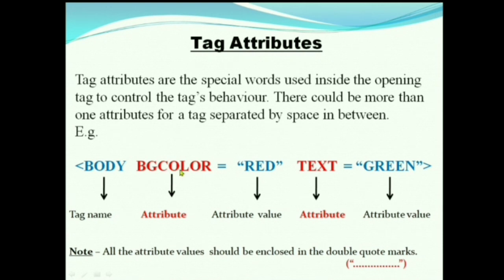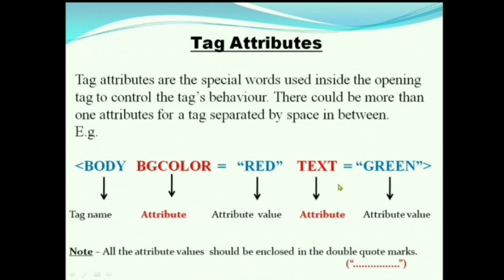When you want to change the background color, you give BGCOLOR and here you type within double quotes the color name spelling. And when you want to change the color of text, that color should become not black, another color like green, red. That time you type this text attribute, and if you want your text in green color, you type green.